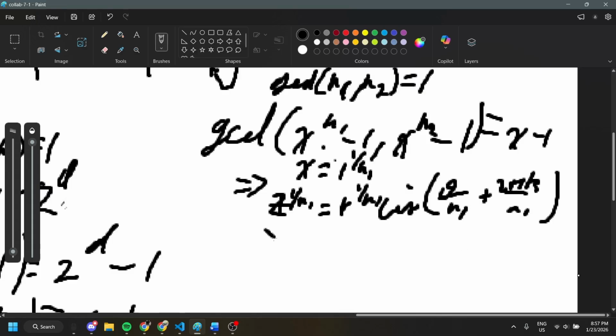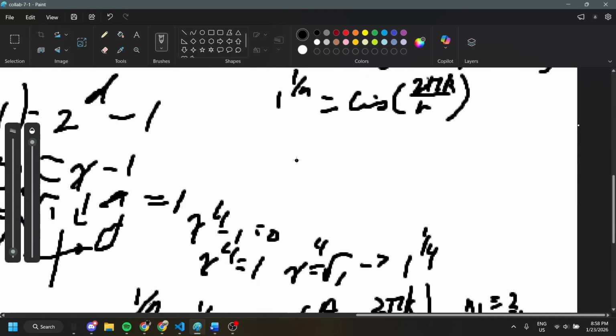Plugging in 1, we get 1 to the 1 over n, I'm just going to use n because it's for both n1 and n2, is equal to cis of theta, where theta is equal to 0, 2 pi k over n.